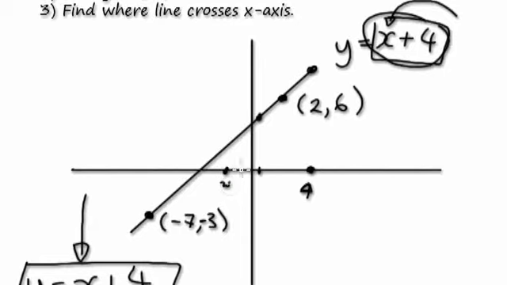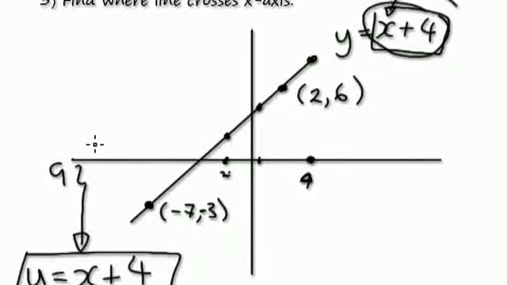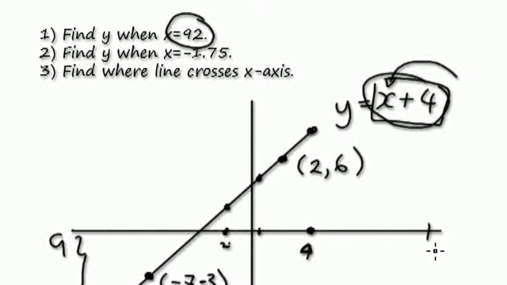If x is whatever here, if you put whatever into the x, it would take you straight to here. Now my point is that if you put 92 into here, it will take you to the point where it crosses here.